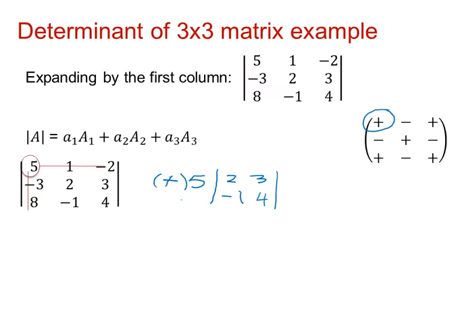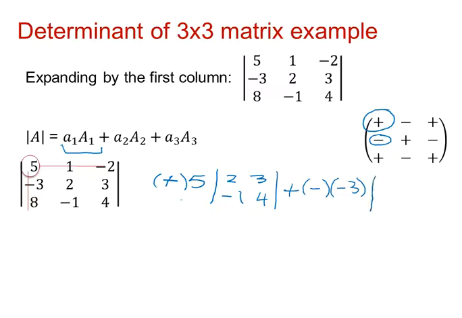We would then move along, and we know that we're looking for a2, which in this case is minus 3. We know we're going to have a minus sign in this case. So far we've done that part. Now we are adding, and we've got the negative sign, and we've got a negative 3.